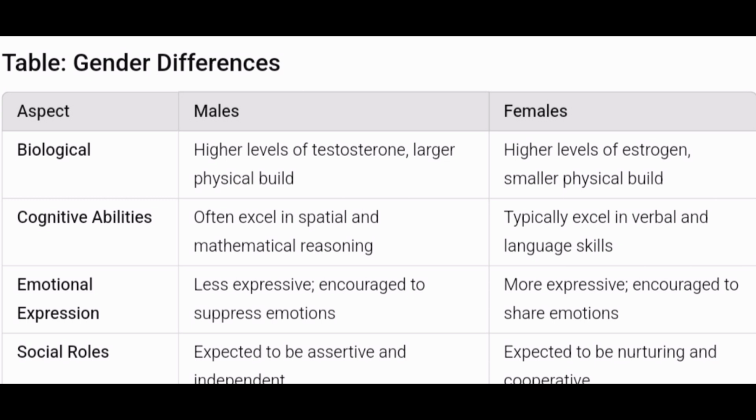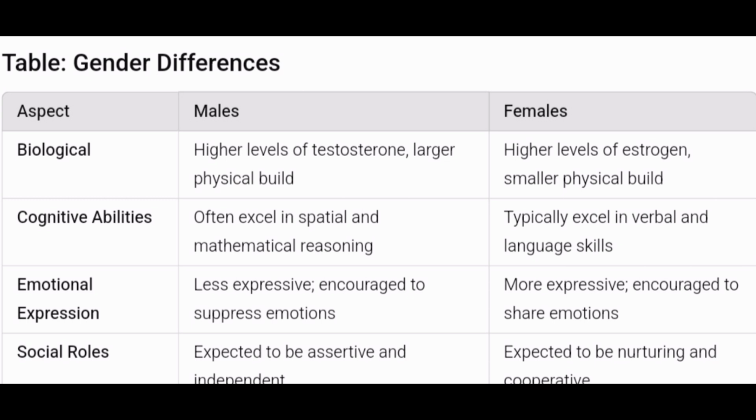The maleness. The body hair, the body strength, or whatever is associated with the male is due to the testosterone. However, in females, we see a higher level of estrogen and a smaller physical build.